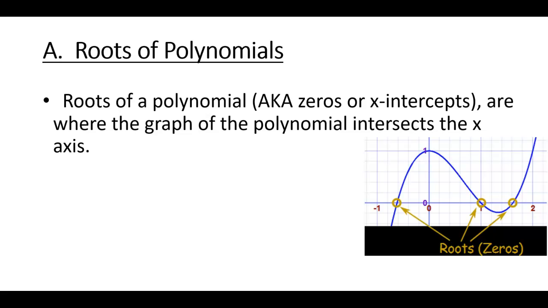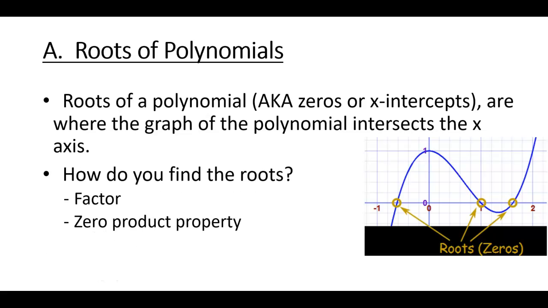So right there in the picture, you guys can kind of see what roots are, right? And we've talked about this before. When you're on the x-axis, what we know that the y value equals what? 0. Yeah.